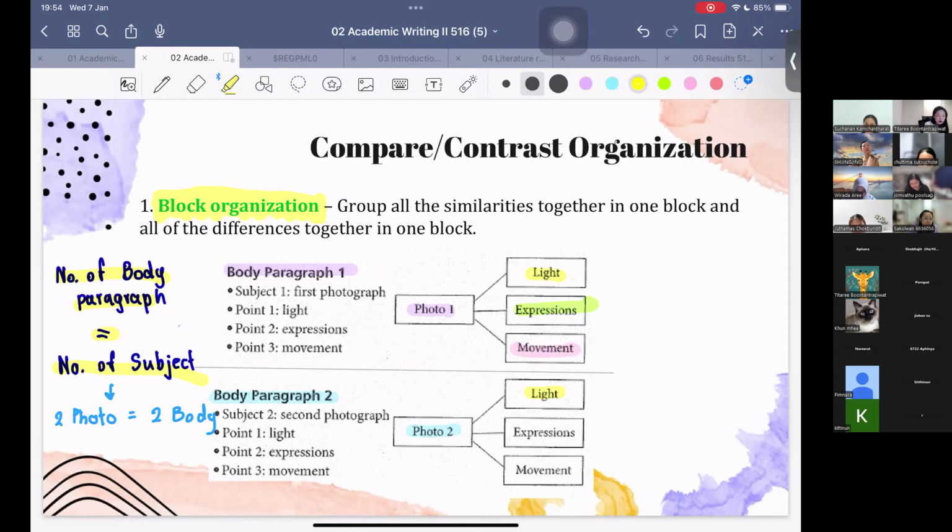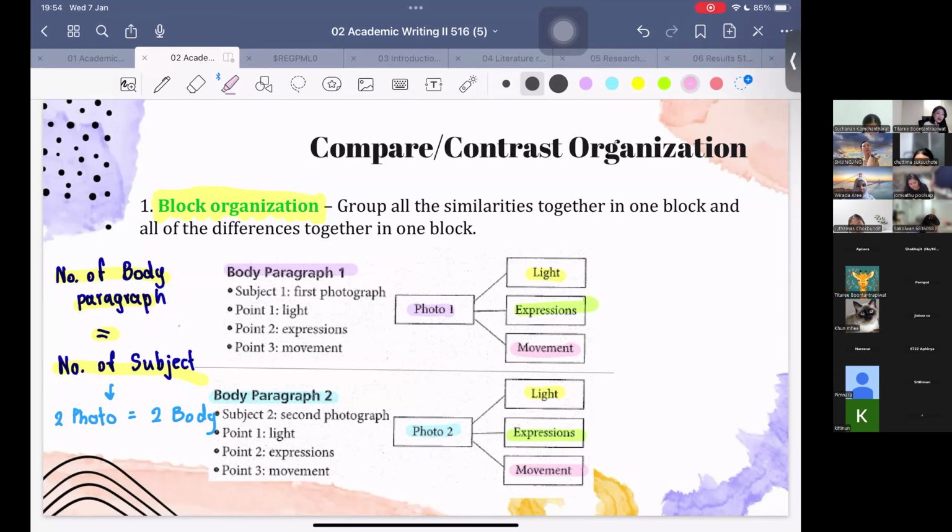What happened to the light in photo 2? How do the expressions show in photo 2? And what is the movement in photo 2? So you can see that in terms of the details, each body paragraph uses the same structure. Light, expression, movement for photo 1, and light, expression, movement for photo 2.